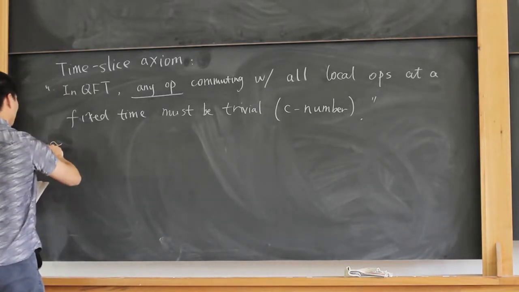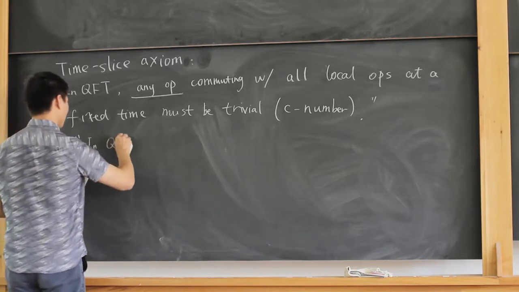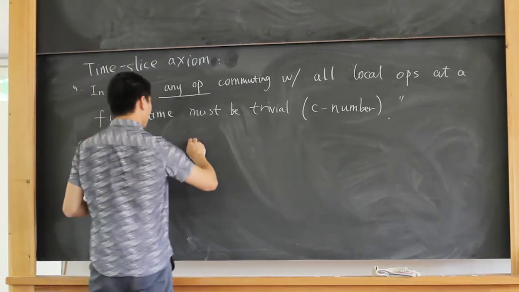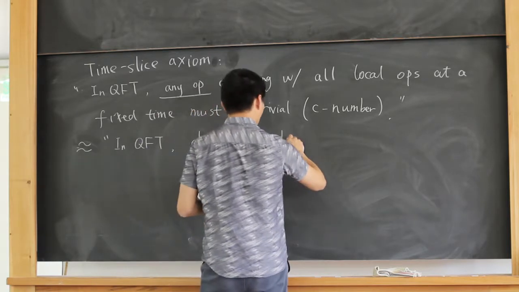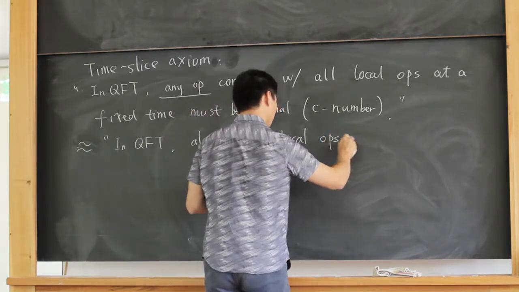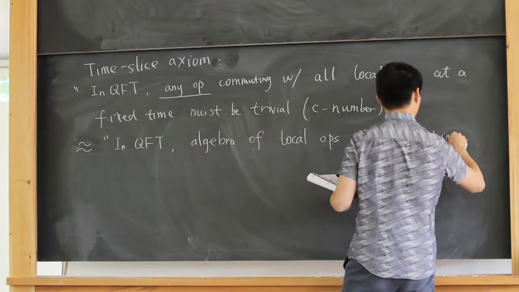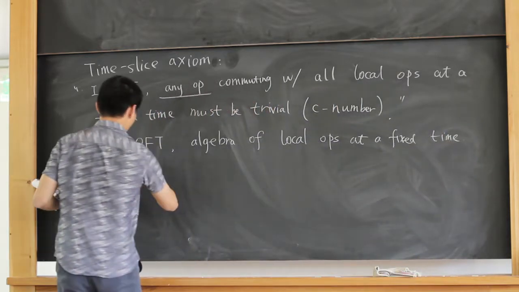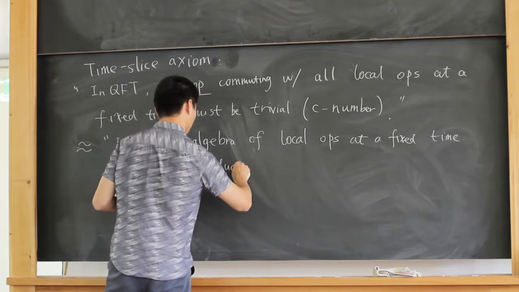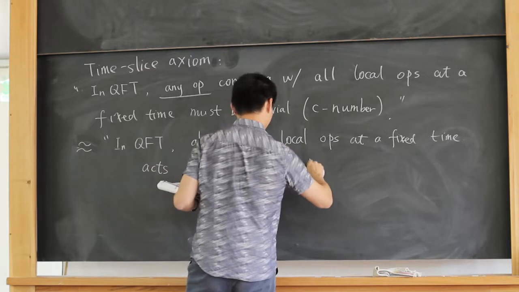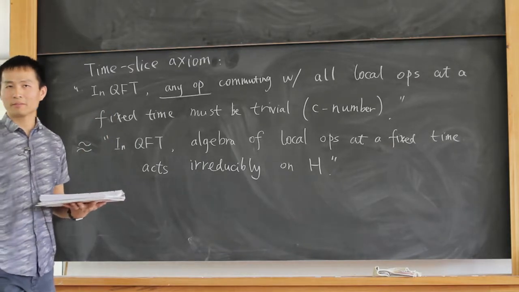An equivalent statement of this is that in a quantum field theory, the algebra of operators generated by local operators at a fixed time slice acts irreducibly on the Hilbert space. The two statements are equivalent.